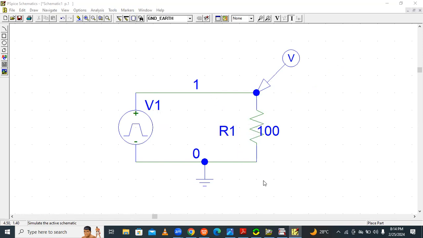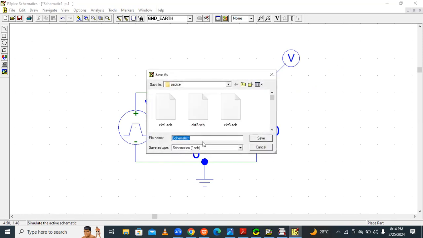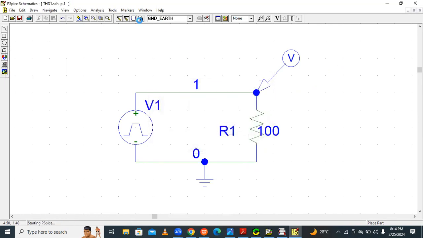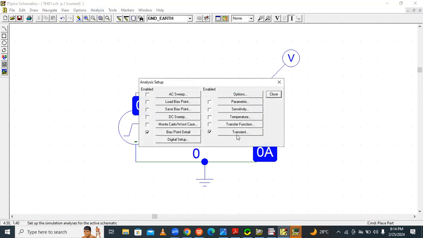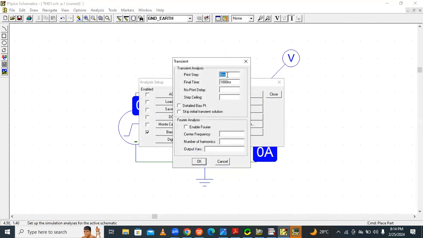And also one more point, that is analysis. Generally, the waveform is analyzed with Fourier series. Go to analysis, setup, enable transient and open transient, and print step is 1 millisecond, and final time is 5 milliseconds, and enable Fourier series.